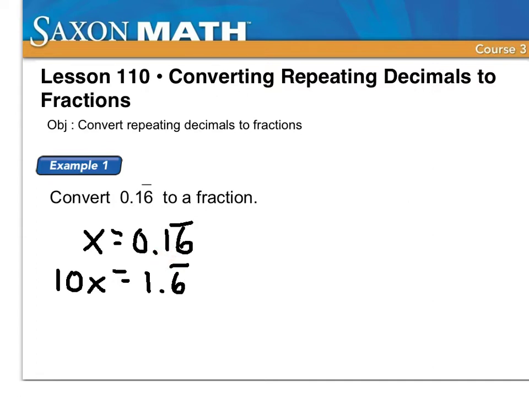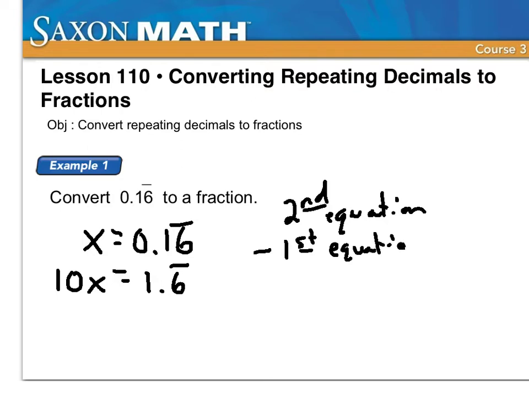Okay, so now what we're going to do is we're going to take the second equation, and we're going to subtract the first equation from it. Okay, we're going to take the second equation minus the first equation and solve for x afterwards. Okay? So let's take a look at what this looks like now.